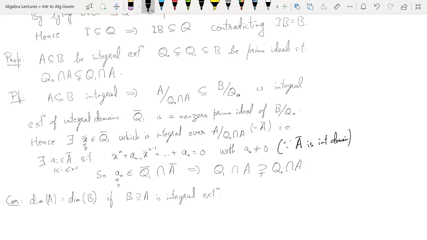So we get something non-zero in Q1 bar intersection A bar. Hence, Q1 intersection A, which is basically the image of Q1 bar intersection A bar in A, has an element which is not in Q naught intersection A. So we get this proposition, and that completes the proof of this proposition.